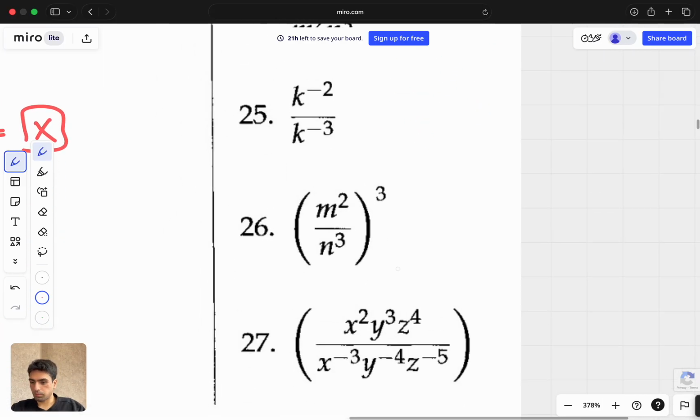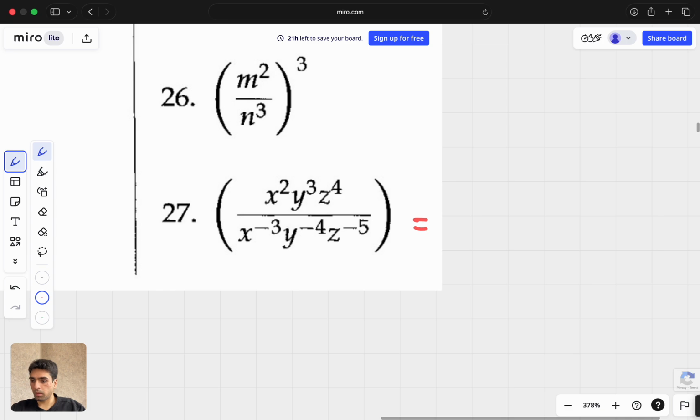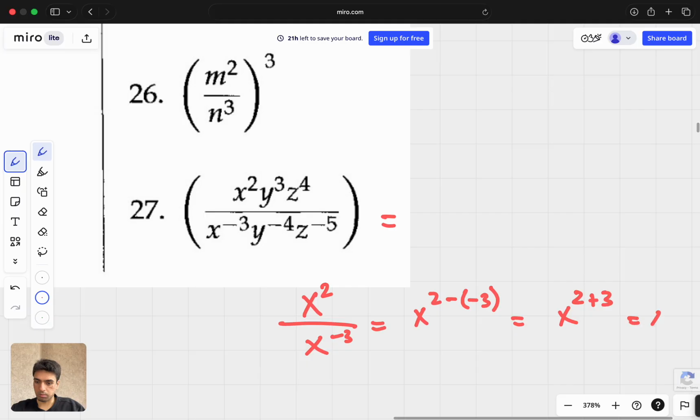Right. Let's try this. So we have x to the power of 2 divided by x to the power of negative 3. Because they're dividing, we would have to minus the powers. So x^(2 minus negative 3). We get 2 plus 3, which is 5. So x becomes x^5. We have y^3 and y^-4.